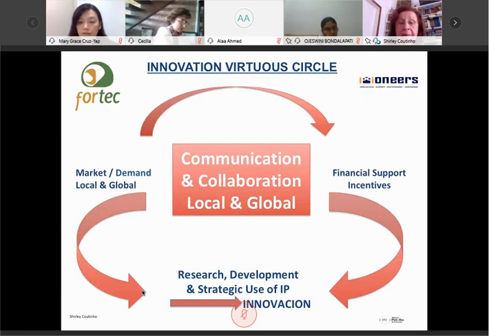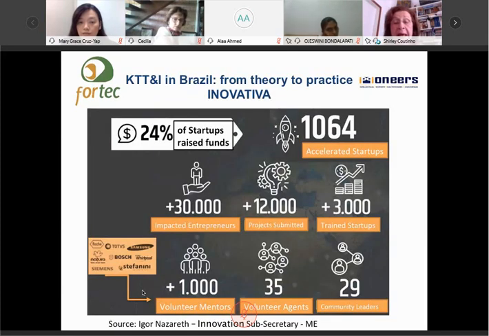And I'll show you some new activity. One of the best practices, supported by the government but engaging a lot of enterprises, is to fund and to support startups. Why?